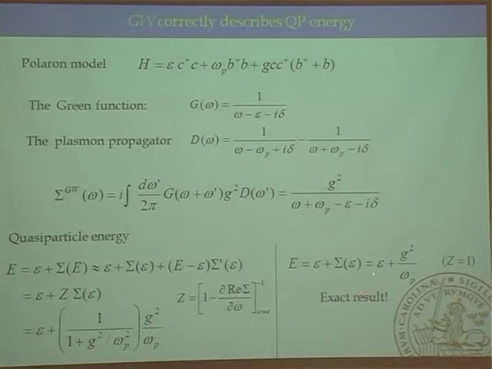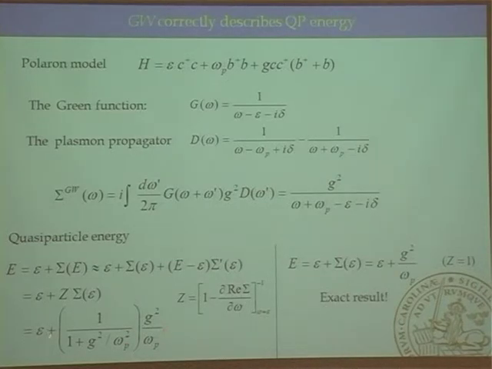The exact result is given by this. I don't derive the exact result; you can calculate the exact solution to this Hamiltonian. You find that the exact result is given by epsilon plus g squared over the plasmon energy.